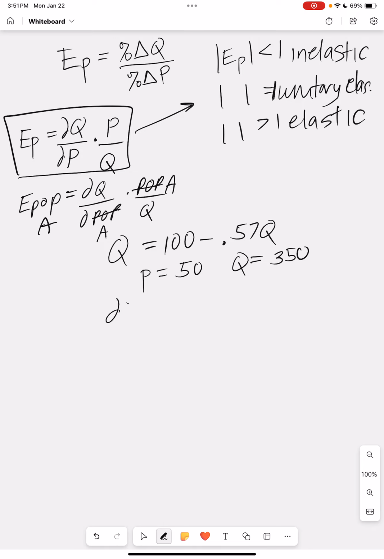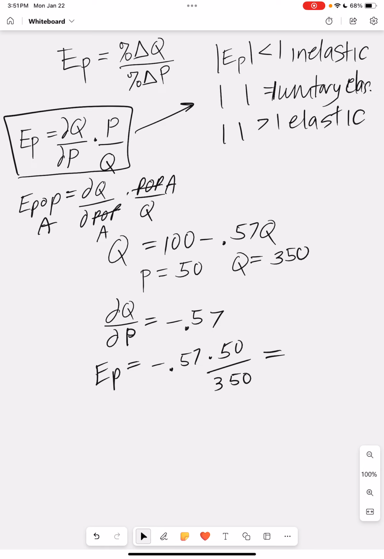So, using our rules of derivatives, the derivative of that demand function: the derivative of 100 is 0, constant times a variable, we keep the constant, so minus 0.57. Put it all together, and we would get minus 0.57 times P, which is 50, over Q, which is 350.